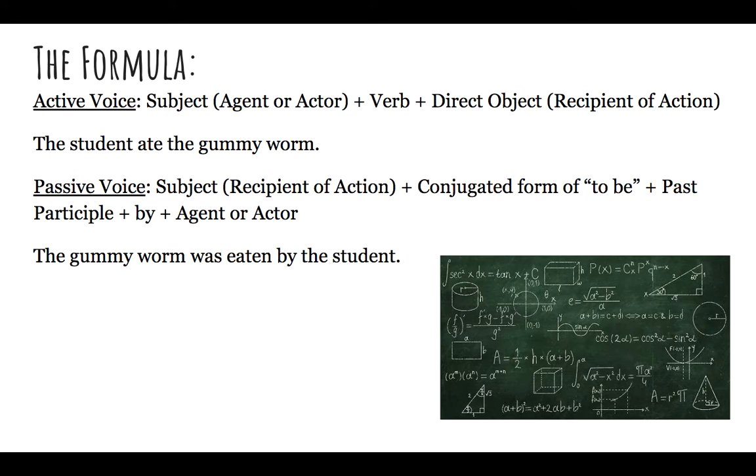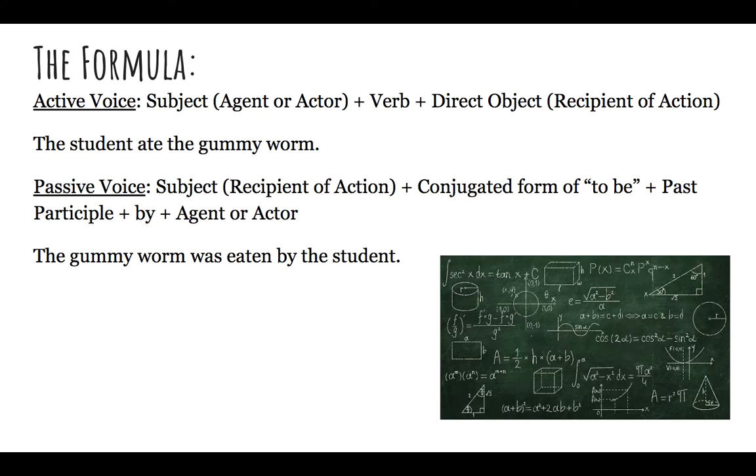By contrast, with the passive voice, we start out with the subject being not the thing that is performing the action, but rather the thing that is receiving the action. Then we include a conjugated form of the verb to be. Then we have the past participle of the verb. Then the word by, and then finally the agent or actor, the thing that is performing the action.